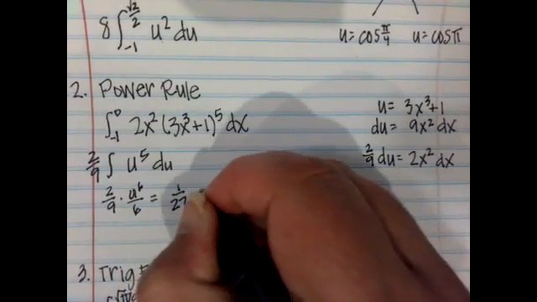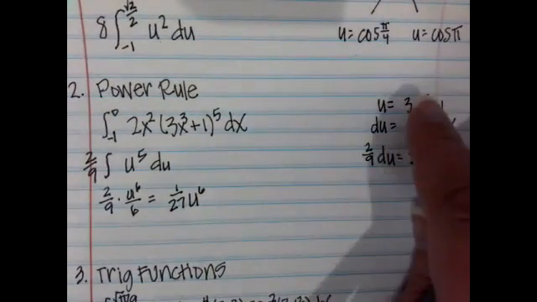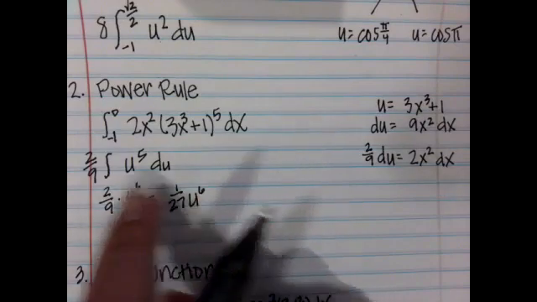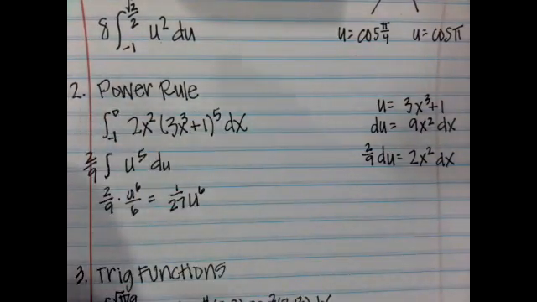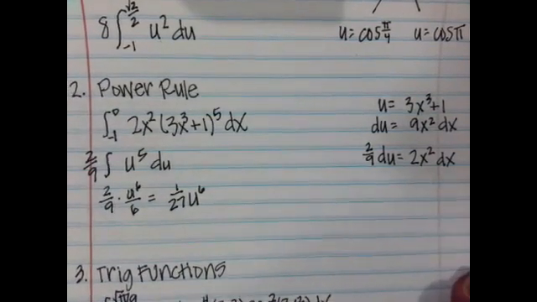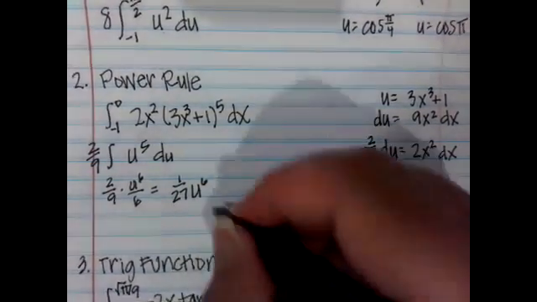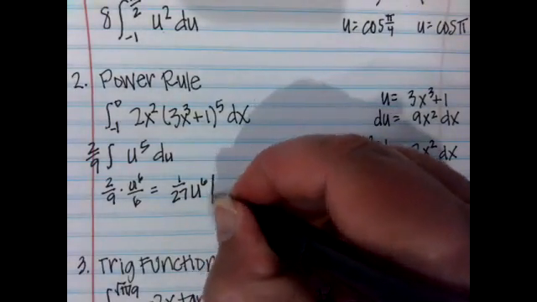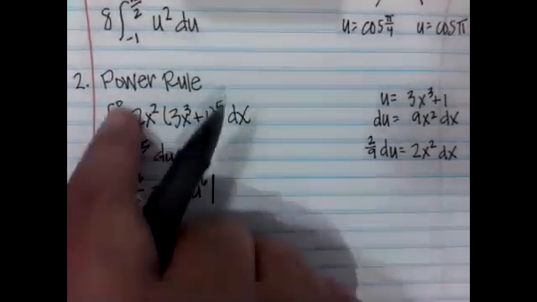Okay, now this is where things change. Last week, you would have then substituted this back in and used these original numbers. But today, what they're encouraging you to do, and you don't have to, it comes out the exact same answer, so I don't care, but they just say leave it. But find your new numbers, because if you're going to leave the u in there, then you can't use the x numbers.